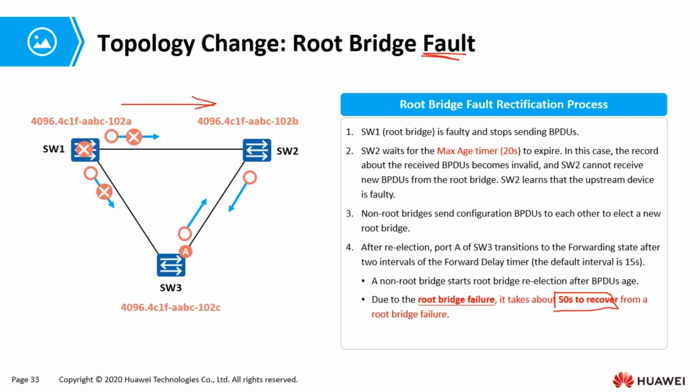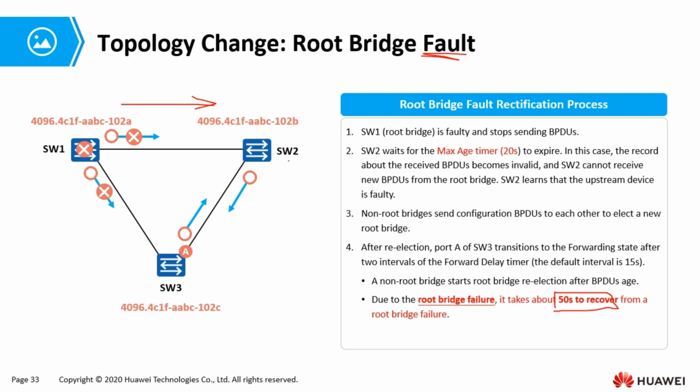So if the root bridge has failed, there are malfunctions already, so the downstream of your switch 2 will not receive the BPDU. When the downstream does not receive the BPDU from the root bridge, they know that the root bridge is down already. How do they know?